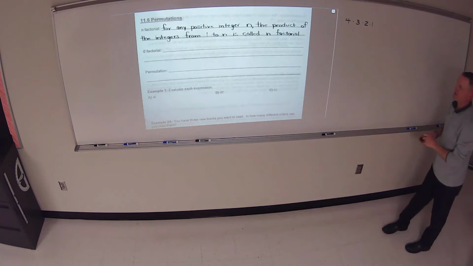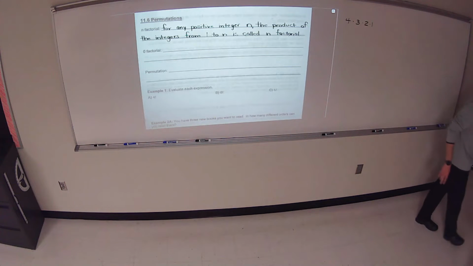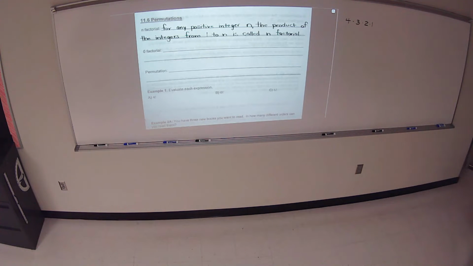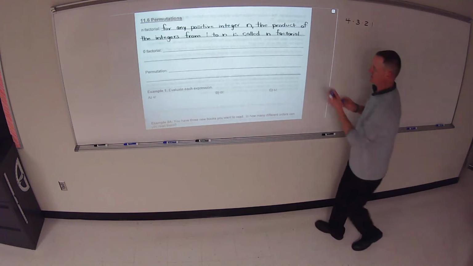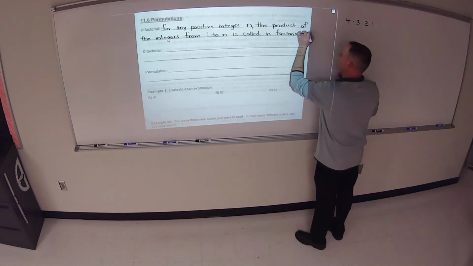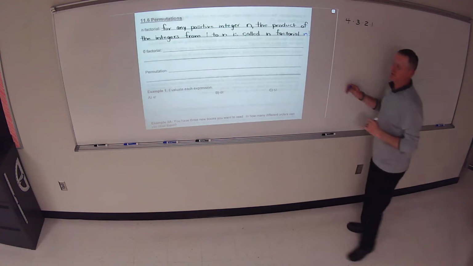Any positive integer n, the product of the integers from 1 to n is called n factorial. The notation is n with an exclamation point behind it.